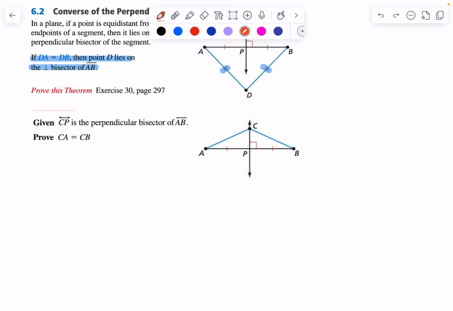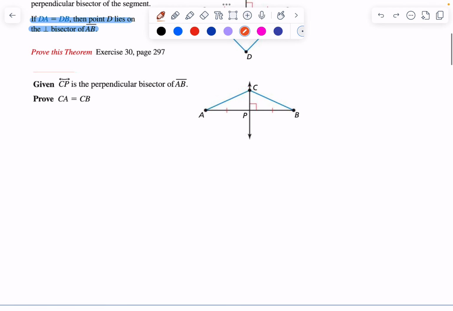To be honest, it doesn't change too much in terms of solving problems, but we'll get to that when we see an actual example. All right, so here we want to prove that segment CA is equal to segment CB, and we're given that line CP is the perpendicular bisector of AB. So as we always do, we're just going to set up our statement, reason proof, and what we're going to do is prove that the two triangles are congruent.